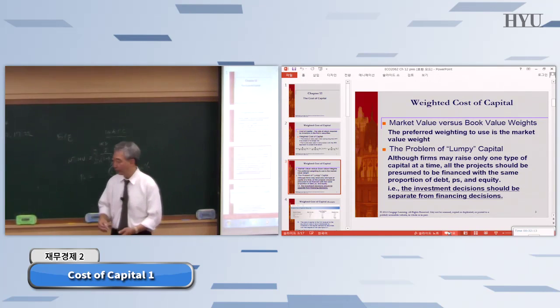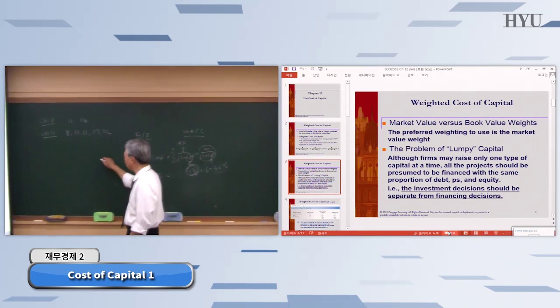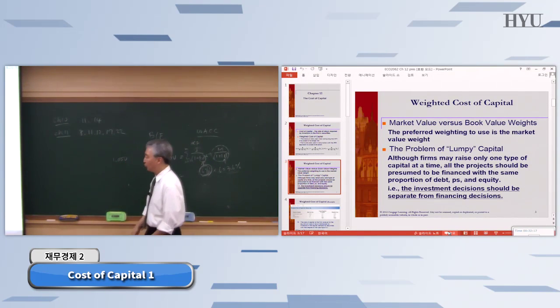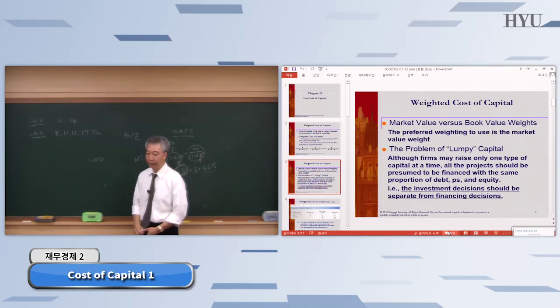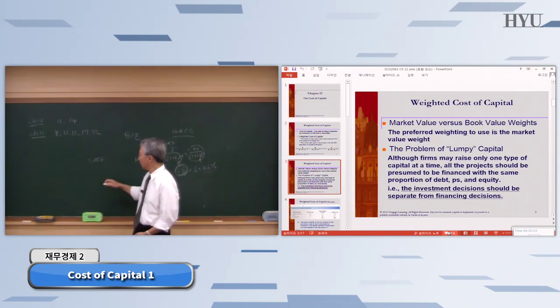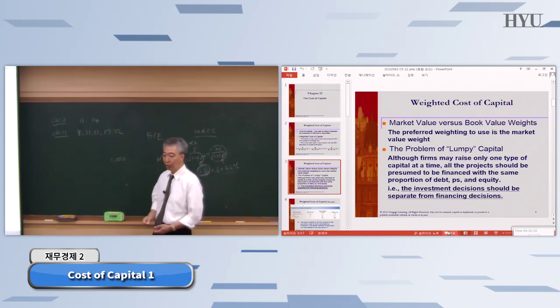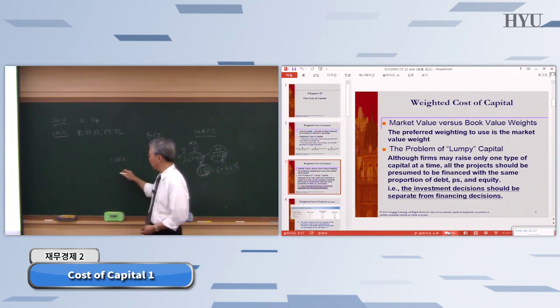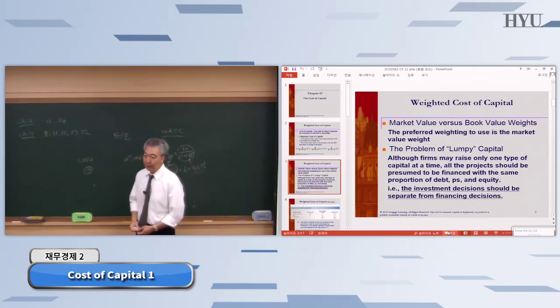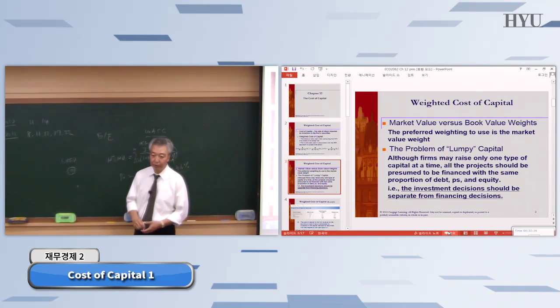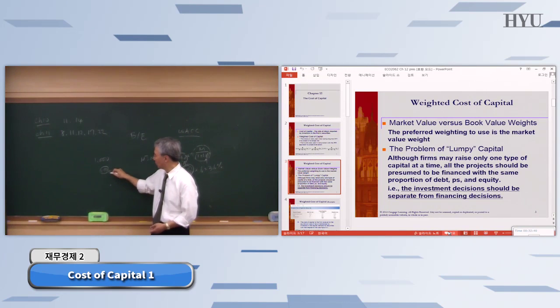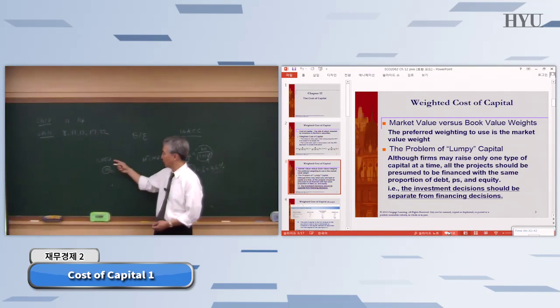So suppose you issued a bond with a par value of $1,000, but for some reason the price was really low in the market, so the actual investors paid only $500. Then when they calculate the rate of return to the investors, you have to use this actual market value rather than this par value.